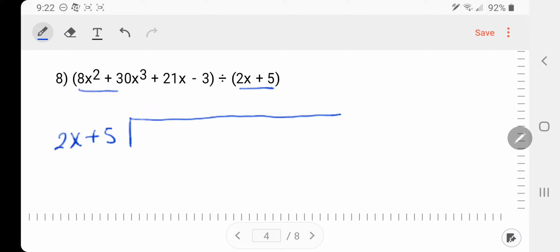Now notice that the dividend here has x to the 3, which is the biggest power, but it's not first. So we're going to have to rewrite this in descending order down here. Starting with 30x to the 3rd. Next, positive 8x squared. Next, plus 21x.